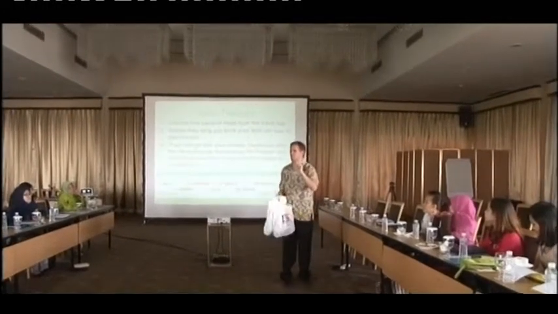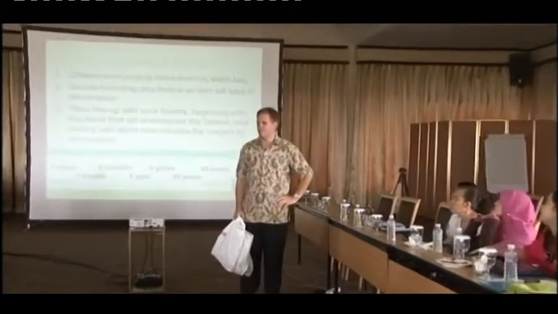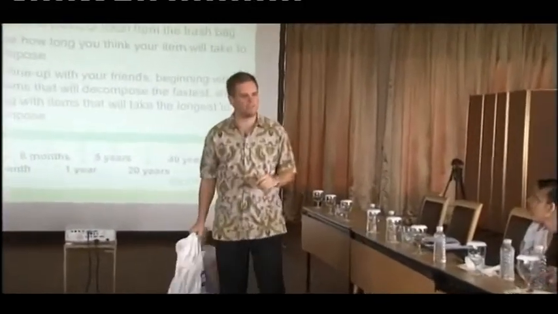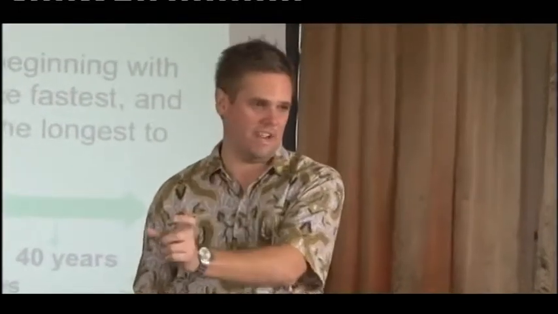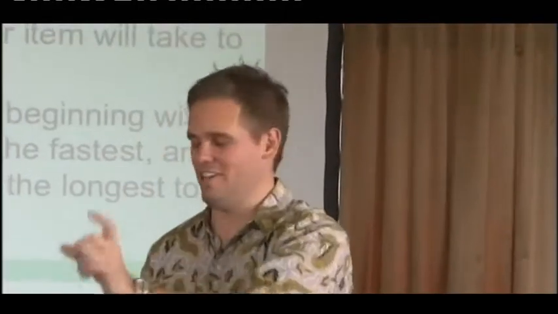The first thing you do is think how long does it take for that item to decompose or photodegrade? The second thing is I want your group to get in order from the least amount of time to the longest.